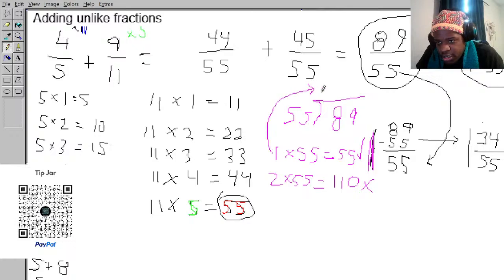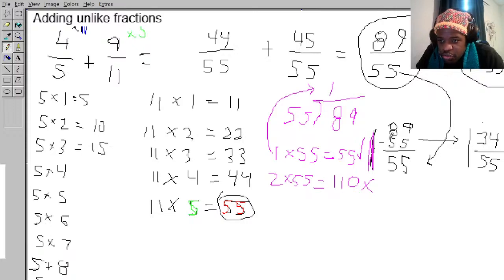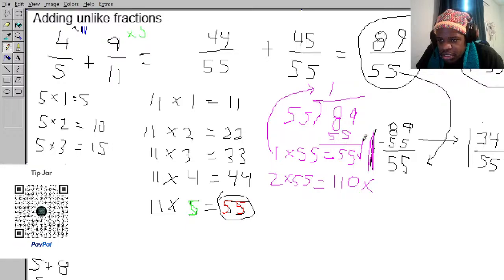This is a bit long-divisionish, but this is how you convert it into a mixed number. So you use the 1, and then the rest is the remainder. And then once you do that, you keep that. And if you know any math, you just subtract this, just like I subtracted over here. So 89 minus 55 is 34.